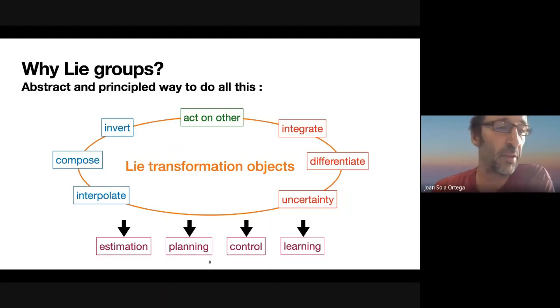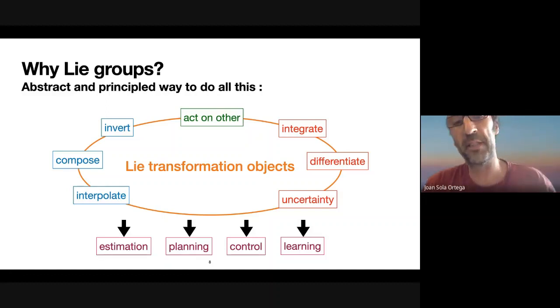And for each one of these kinds of transformations, we can identify a Lie group. Then each element can have an inverse. We can compose them. We can interpolate linearly between different elements of this kind. These elements can act on elements of other sets. And up to here is more or less what I explained in examples.